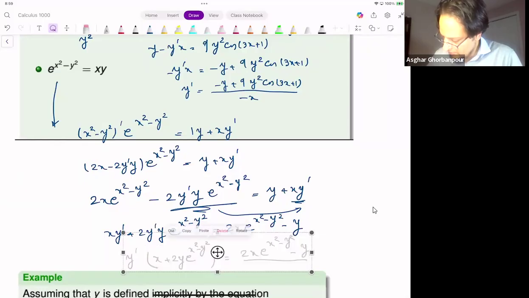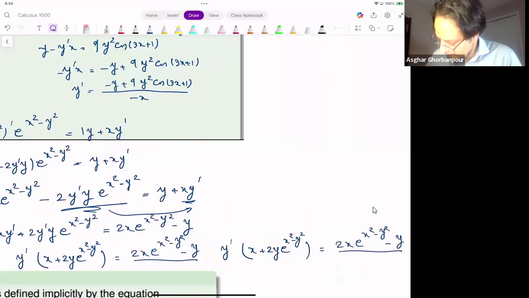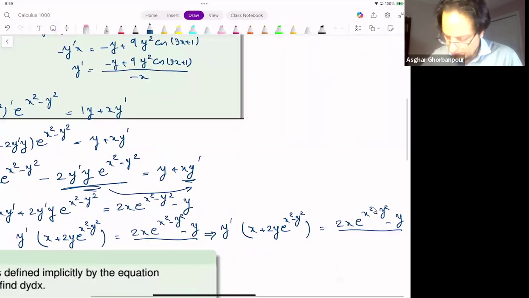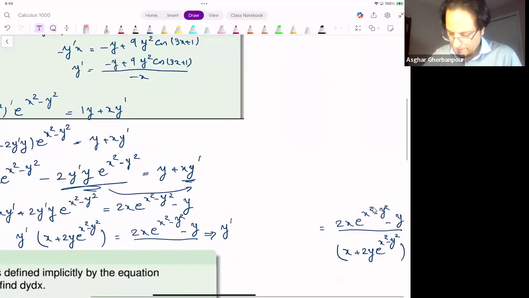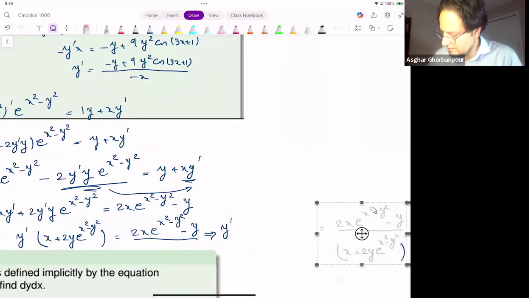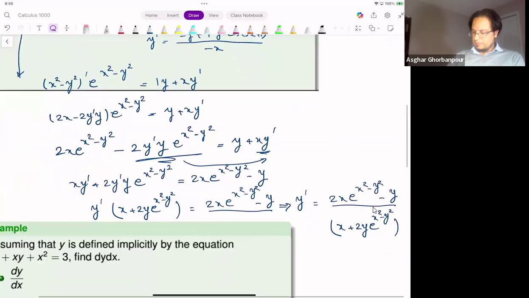Copy, then paste, and then I'll take this one and say, okay, this is what I will do. I'll take the coefficient, put it down there. Done. That is how you find the y prime for the implicit differentiation.